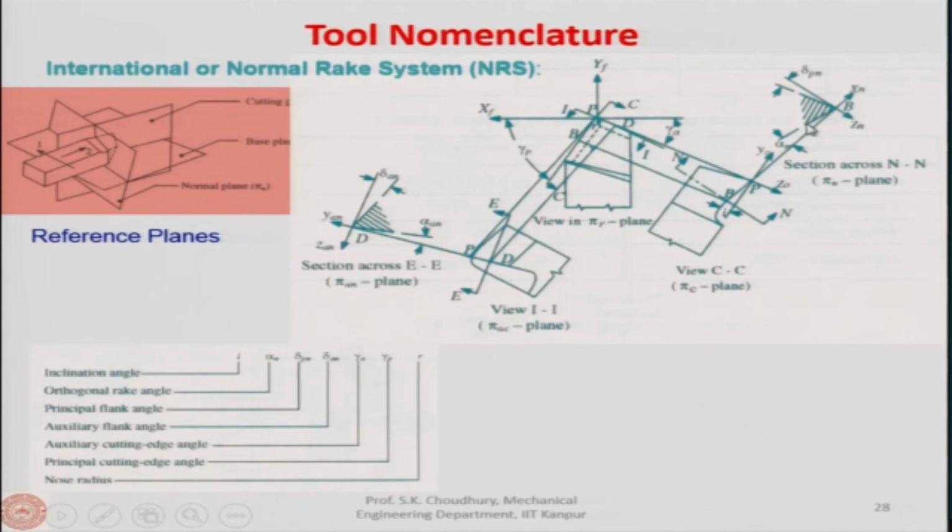As I said, just try to imagine that this is the cutting edge. So, the rake face is not visible, it is inclined, either it is inclined like this or it is inclined more or it is inclined like this, it is not visible, but the cutting edge is visible. If you take the perpendicular to that, then only this inclination will be visible. You understand that.